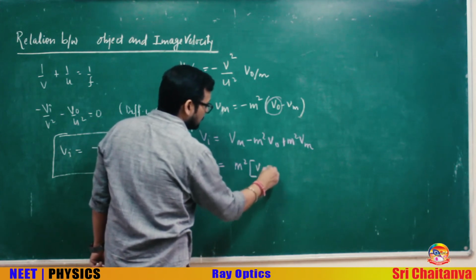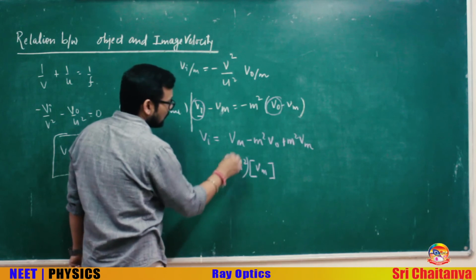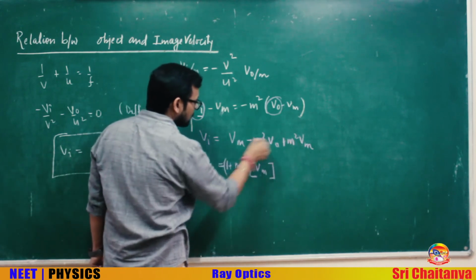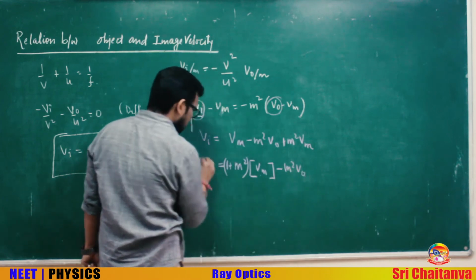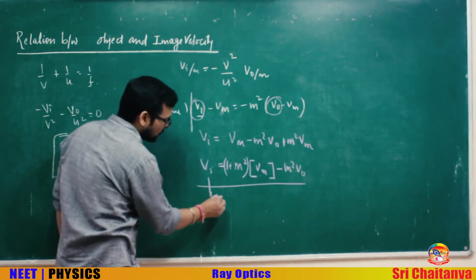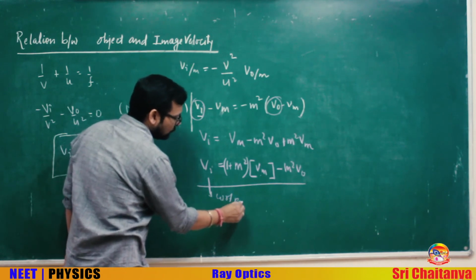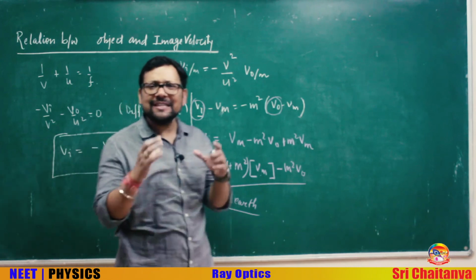When we take vm common, it is m square plus 1 times vm minus m square vo. This is the velocity of image with respect to earth. So these are very easy formulas.